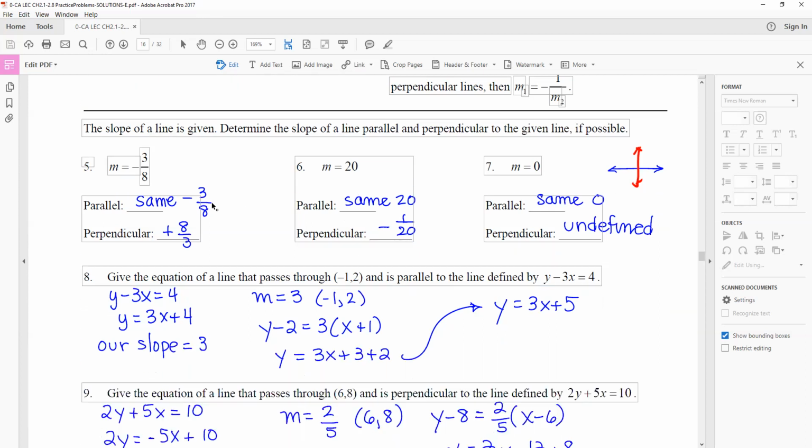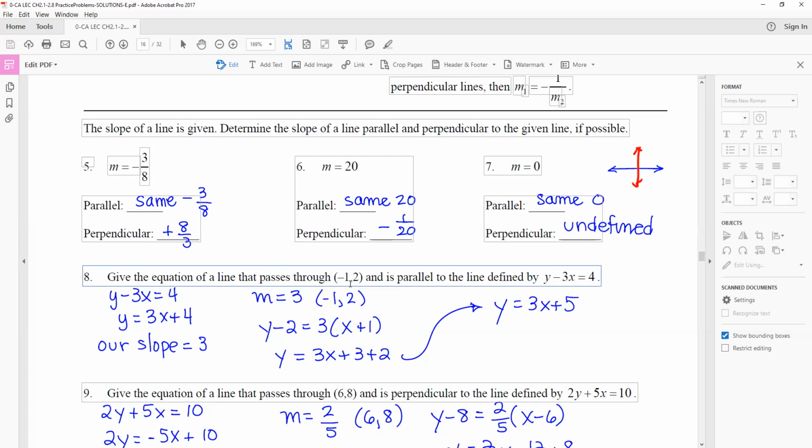So in this case, if the slope of the original was -3/8 for parallel, it'll be -3/8. For perpendicular, it'll be +8/3. If the slope original was 20, it would be 20 for parallel lines and -1/20 for perpendicular. If the slope is 0, parallel would still be 0, but perpendicular would be undefined because 1/0 is undefined.